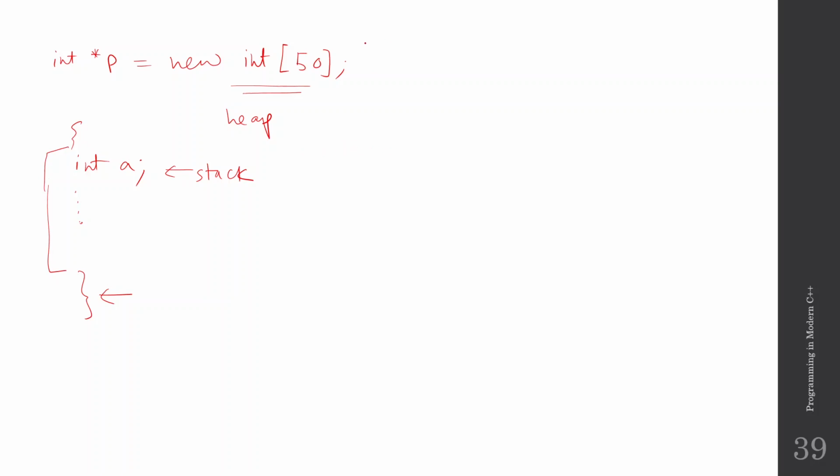There is a very simple way we can create our own smart pointer. We can do something like this: class my pointer. Here let us say we are creating an integer pointer.